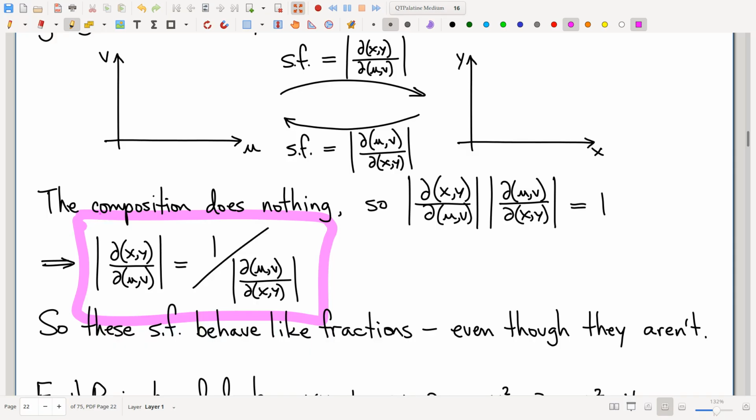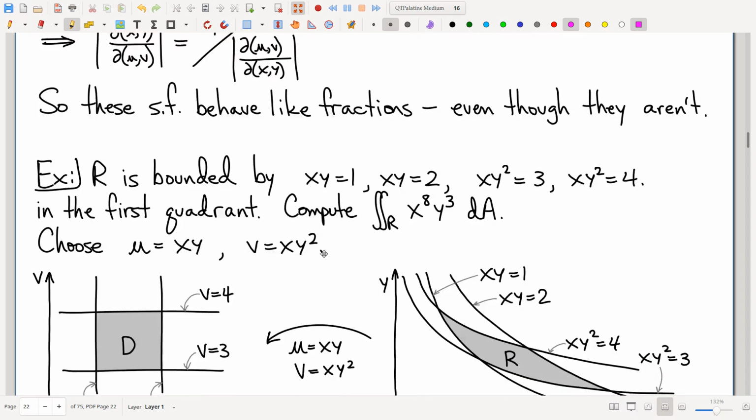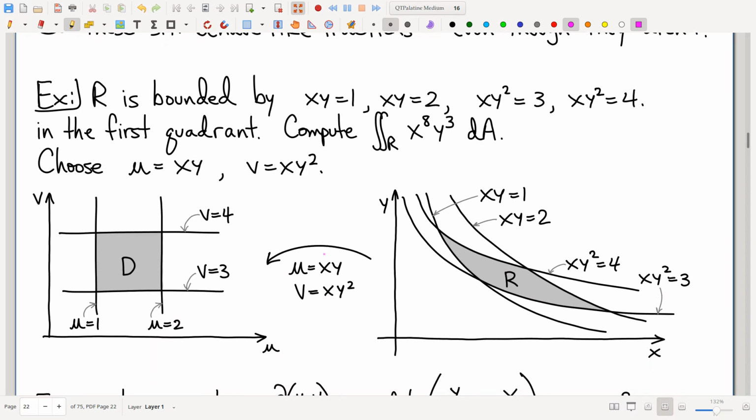This thing that looks like a numerator, that's not a thing, certainly not the way I've defined it here. And likewise, this denominator, not a thing. So that's not a fraction, but it behaves like a fraction yet again. And that's just another motivation for why a kind of flawed notation is actually kind of helpful, kind of convenient, really. Okay, let me show you how we can use this.